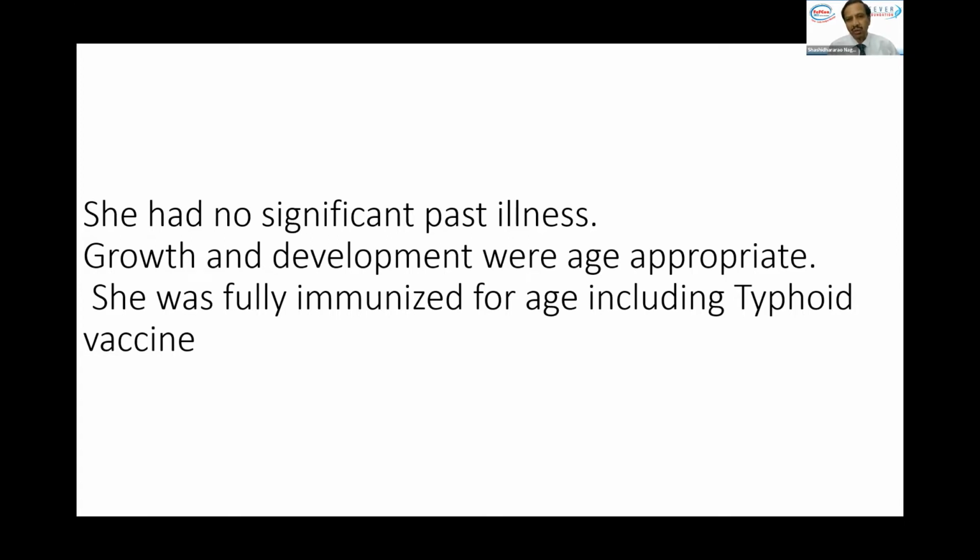Looking at this child's growth and development, looking at this child's past history, I would consider this girl as a normal host. She has no antecedents to consider her abnormal all of a sudden. The second question I would like to consider is whether this child is at high risk for serious bacterial infection or not.